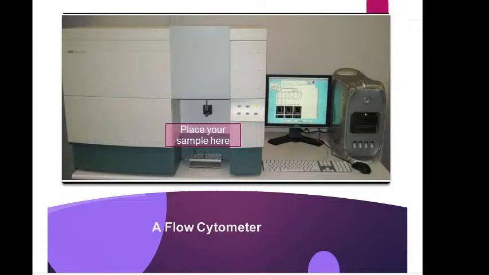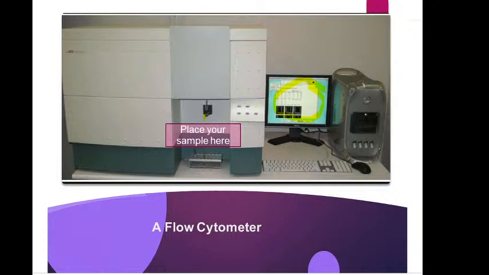Now this is the machine which is there for flow cytometry. If you are able to see, this is the place where you have to put your sample, and then you have to start the apparatus. You will get all results in this computer only. So you will get graphs only in case of flow cytometry.